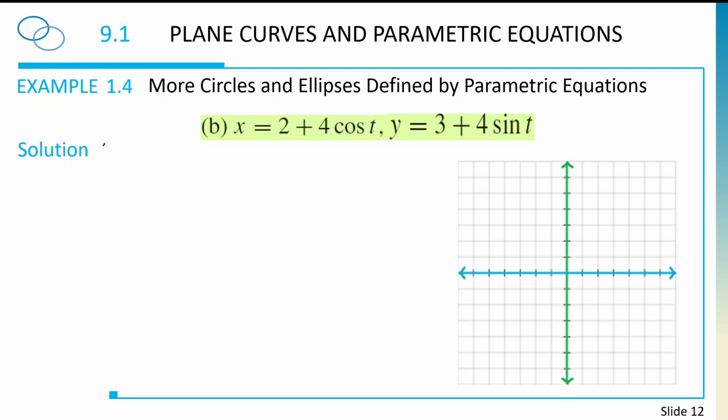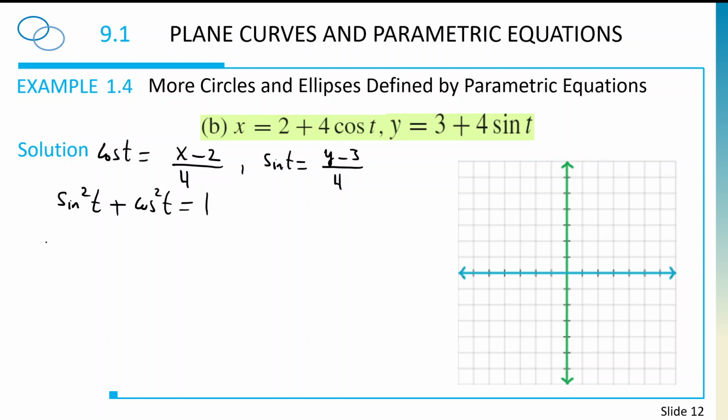The first equation, if you solve it for cosine, equals x minus 2 divided by 4. The second equation, if you solve it for sine, is y minus 3 divided by 4. Again, I'm going to apply the Pythagorean identity: sine squared plus cosine squared t equals 1.